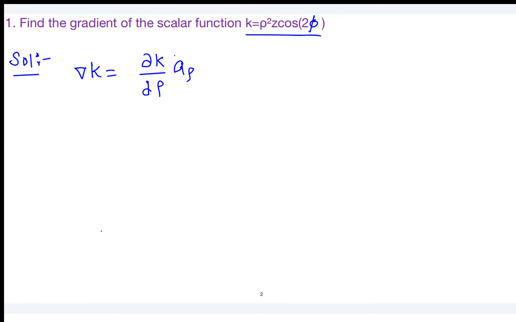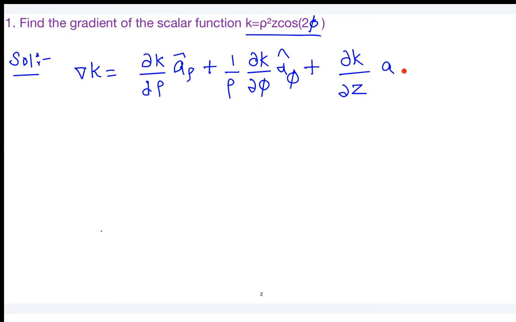So take the differentiation. So finally, what is the value? When you take dou k by dou rho, z into cos 2 phi is a constant, and the differentiation of rho square will be 2 rho. So the answer becomes 2 rho z cos 2 phi, plus 1 by rho times dou k by dou phi now.